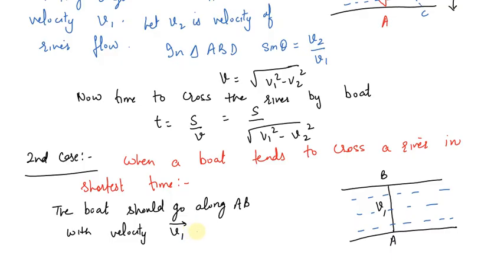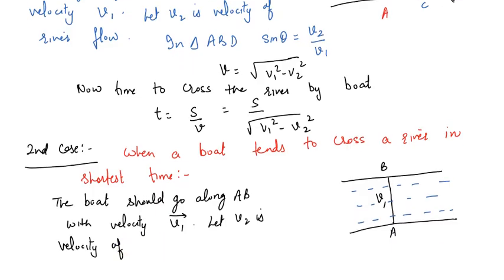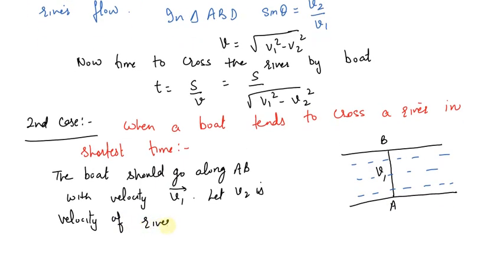Let V2 is the velocity of river, this we take velocity of river V2. Now the resultant velocity is V. This angle is theta.